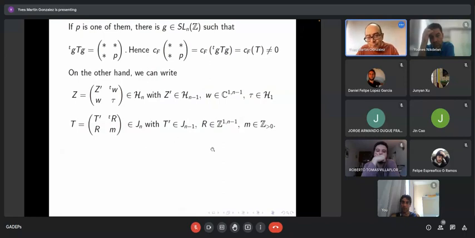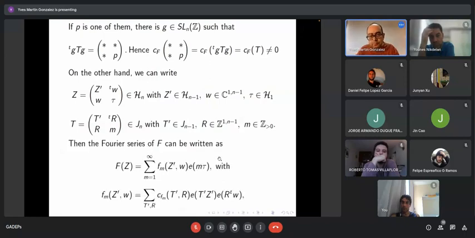If I do this, the same Fourier expansion that I have at the beginning can be written now in a different way. Somehow I isolate what happened with the exponential at m tau, and everything else I put in a series, which I call little f sub m.